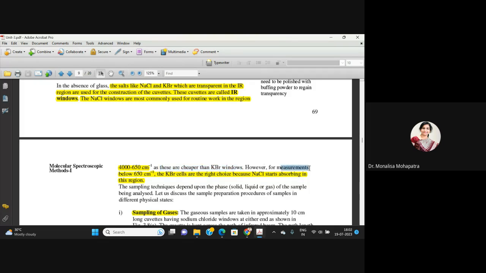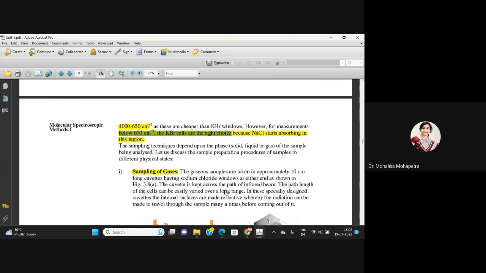However, if you want any measurement below 650 centimeter inverse, the KBr cells are the right choice, because NaCl windows don't work within the 650 region, as they absorb below this. So better to go for KBr windows while choosing below 650 centimeter inverse.